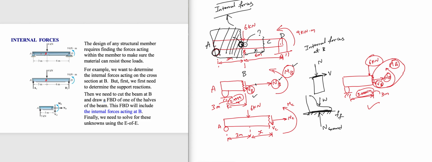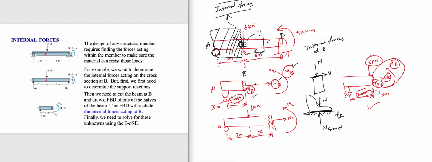So if I'm asking you what is happening to a point inside a beam, what are you supposed to do? You have to make an imaginary cut and draw three things: shear, normal, moment at that point, and find those values, because that is technically a free body diagram, though it's not complete, because at A, whenever you have a slider, you have AY, right?